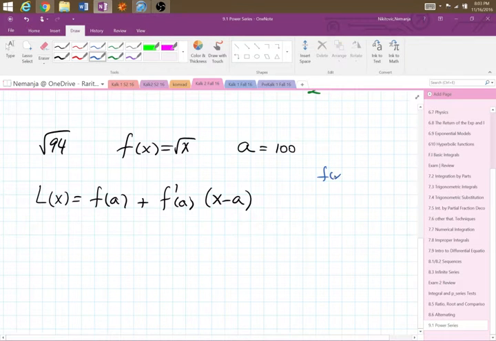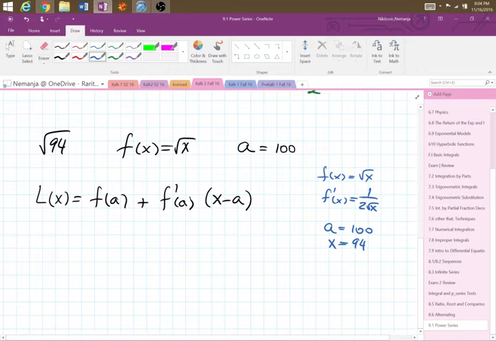So f of x is square root of x, f prime of x is 1 over 2 root x when you take the derivative. You should know how to take the derivative. A is 100 and x is 94. So these are all of the features that you need to compute the value. All you need to do is to plug all of this in and come up with a number.